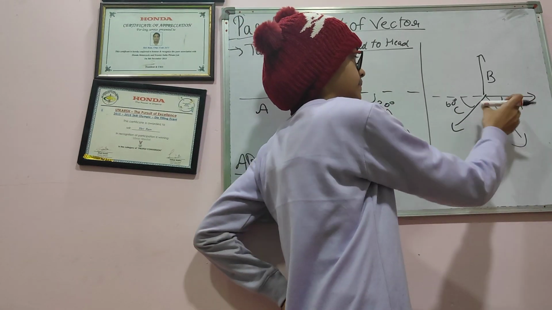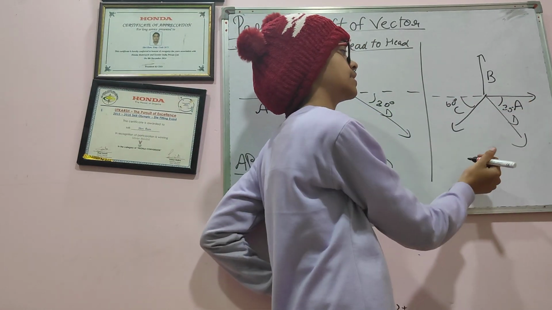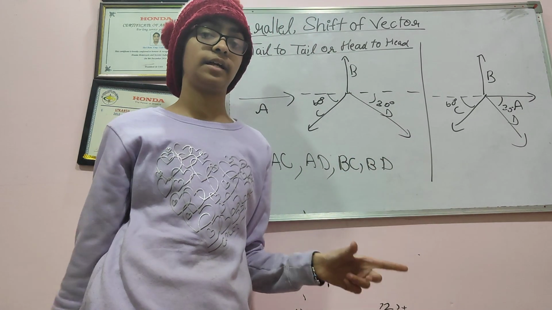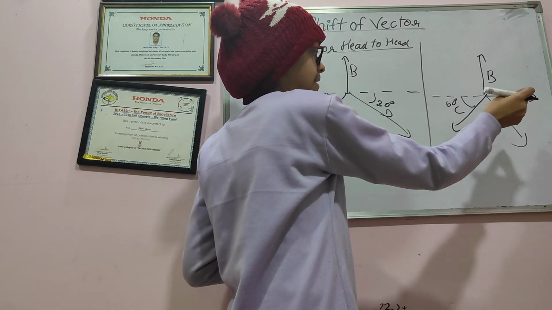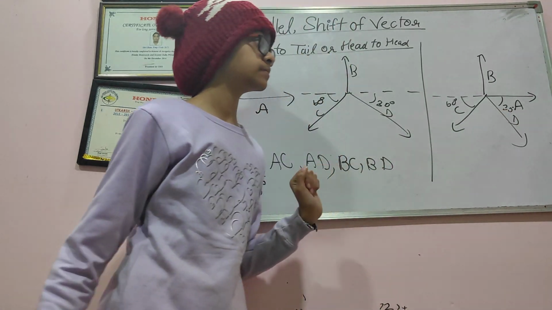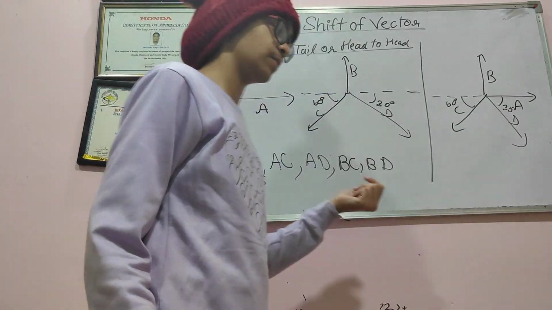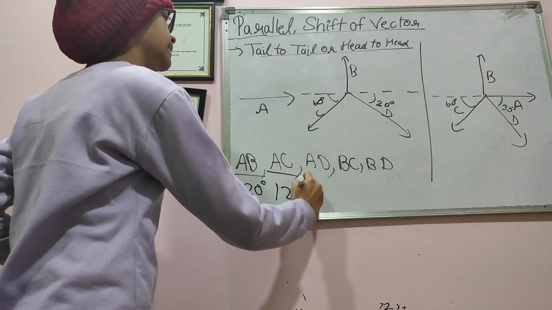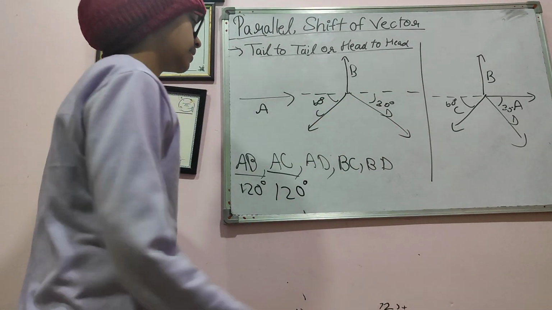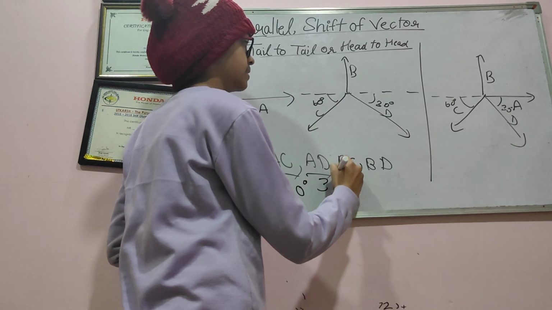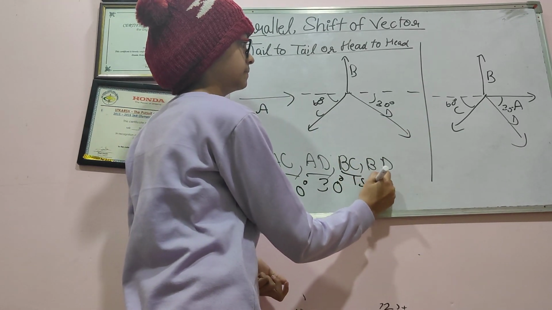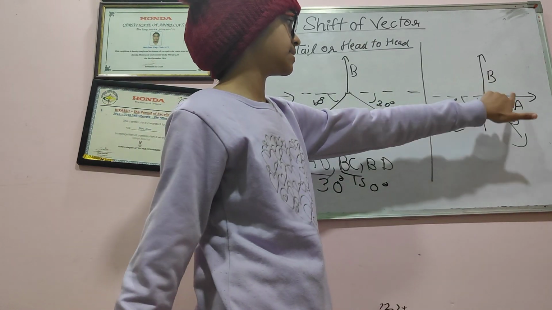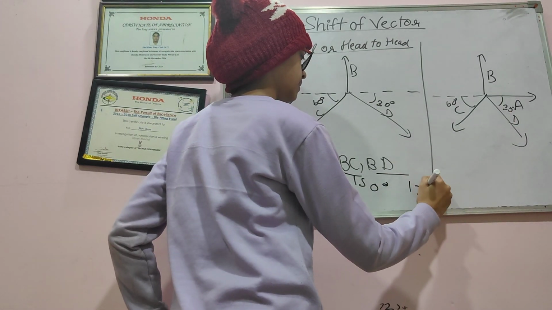So 60 degree plus 30 degree, 90 degree, 180 degree minus 90 degree is equal to 90 degree. So 30 plus 90 is 120 only. AD. 30 degree. BC. 60 plus 90, 150. BD. 90 plus 30, 120 degree.